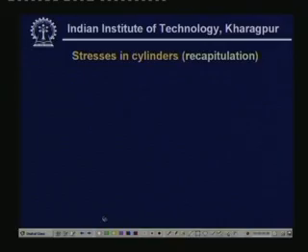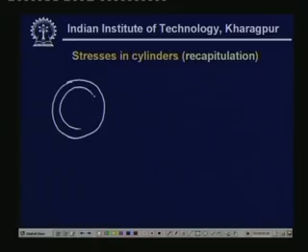Now the discussion started with the different kinds of cylinders. The cylinders are classified according to the thickness t and the inner diameter di.